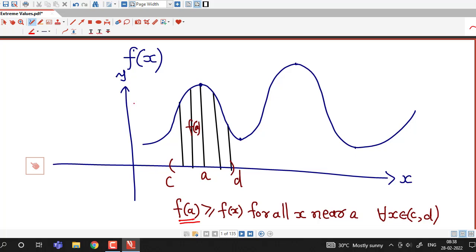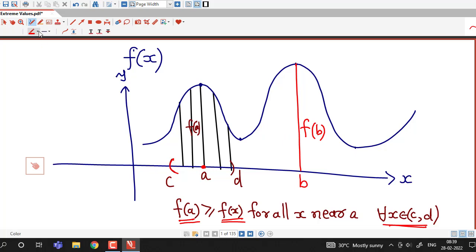The function f(x) is said to have a local maximum at some point a if f(a) is greater than or equal to f(x) for all x in some open interval containing that point. For example, if we consider this point, suppose this point is b, then this f(b) is a local maximum value of f(x).